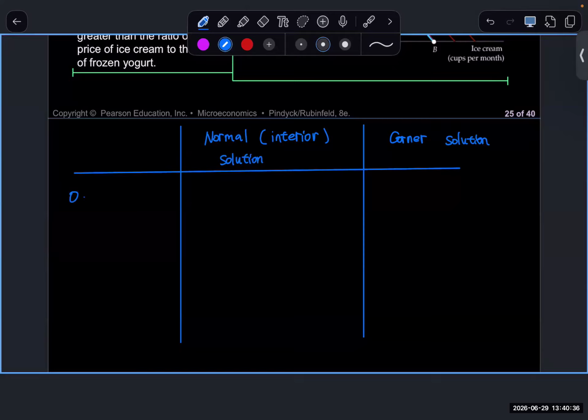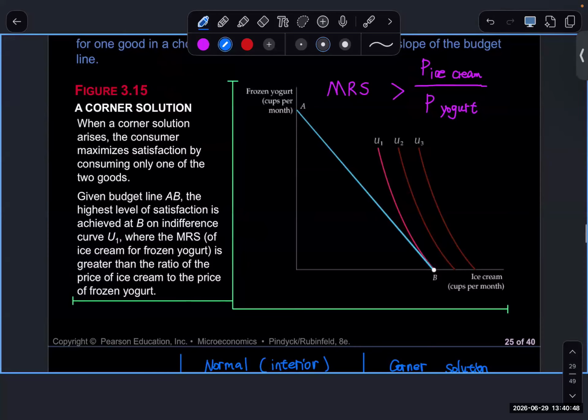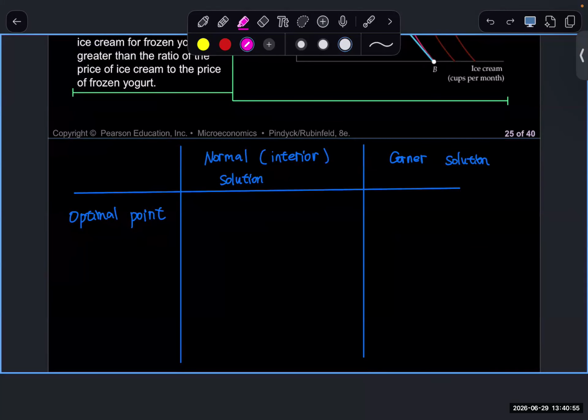So the optimal point for the normal solution is the middle of the budget line. I don't mean it's strictly in the middle, okay? It's just somewhere along the curve, but not at the corner. So middle of the budget line. For corner solution, it's the end of the budget line.